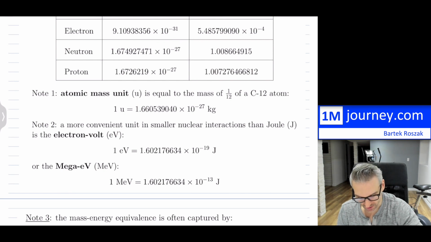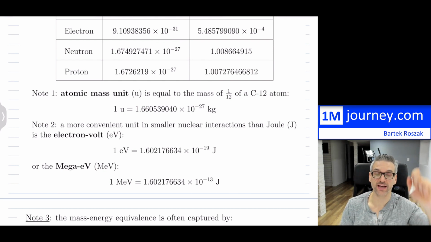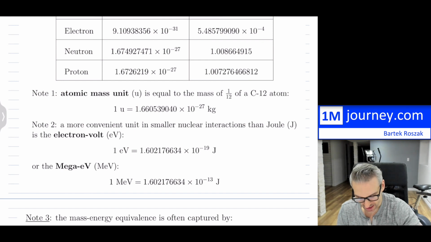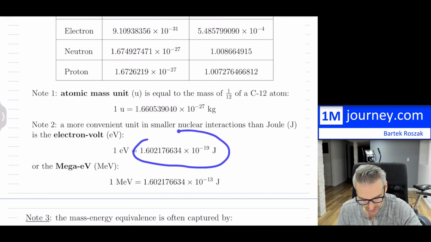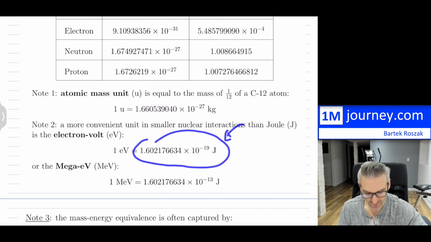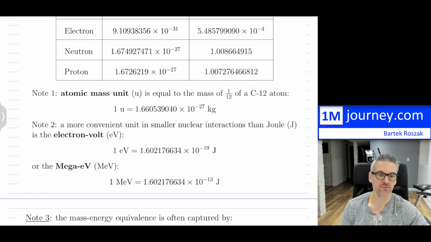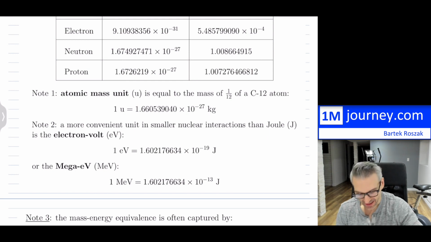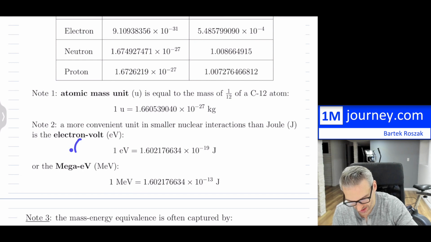So let's think about electrons. The amount of energy that they might carry, 1 electron volt, is equal to this tiny amount in terms of joules. But on a very tiny scale, you're not going to expect huge amounts of energy. Another convenient way, in terms of electron volts, we use mega.